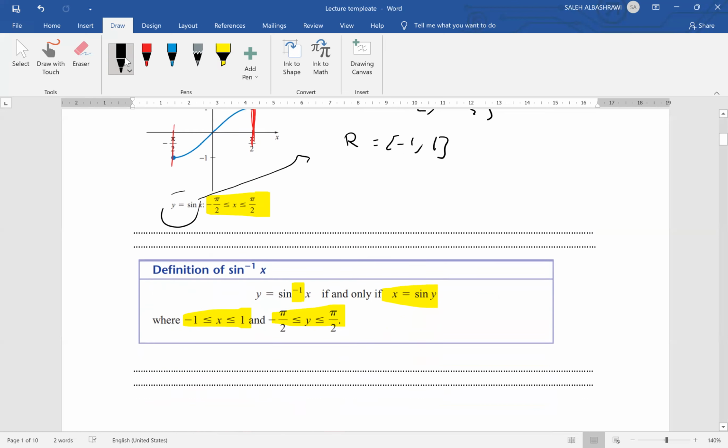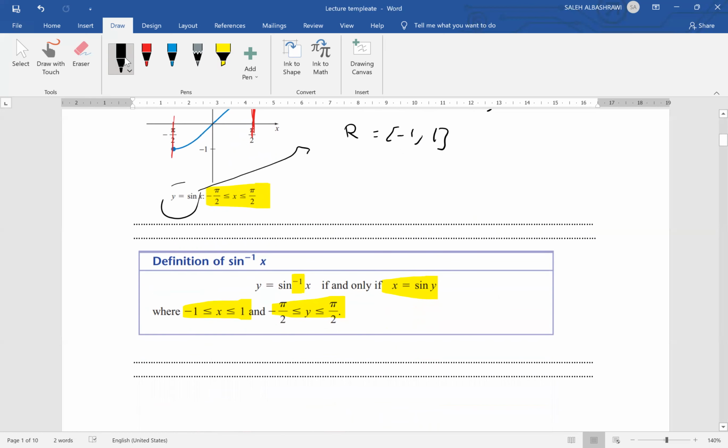And we can say the angle will be in the first quadrant and fourth quadrant. Based on this restriction, minus pi over 2 less than or equal to x less than or equal to pi over 2 means that it will be in the first quadrant and the fourth quadrant.